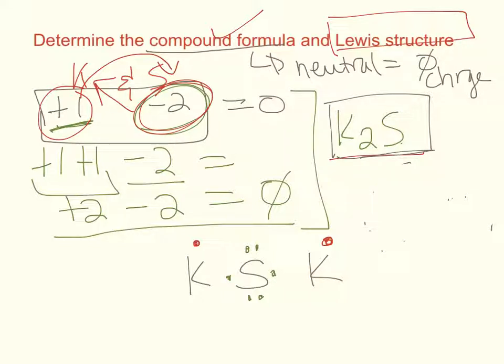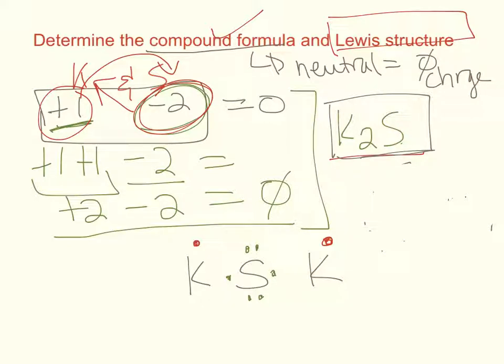Because potassium has a positive 1 charge, it's easier for it to give away that one little electron in its outer shell to have a whole 8 in the next shell below it. And it's easier for sulfur to take in 2 electrons to get up to 8. Either way, we are satisfying that octet rule, but it is important to remember that you're not always adding electrons. Some families in our periodic table would happily give away up to 3 electrons, sometimes 4 electrons, to become neutral.